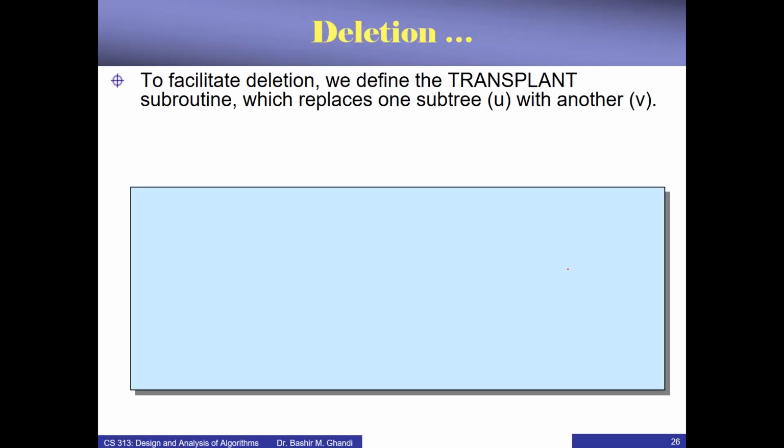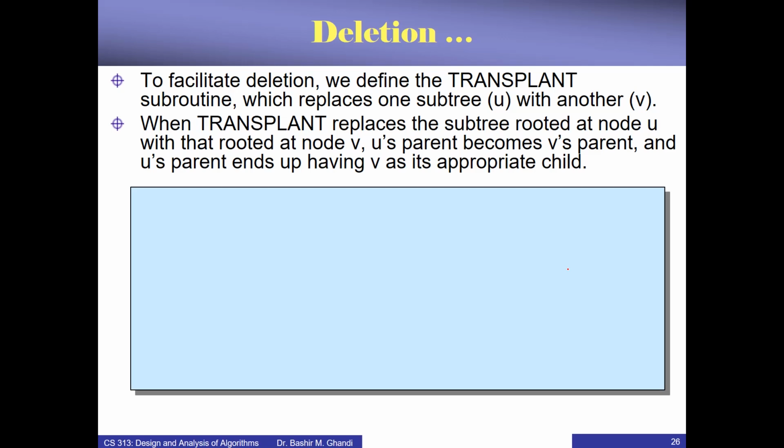In terms of coding, the book tried to introduce an auxiliary method before implementing the actual algorithm or method that is doing the deletion. So we have a routine called transplant. It says here, to facilitate the deletion, we define the transplant subroutine.